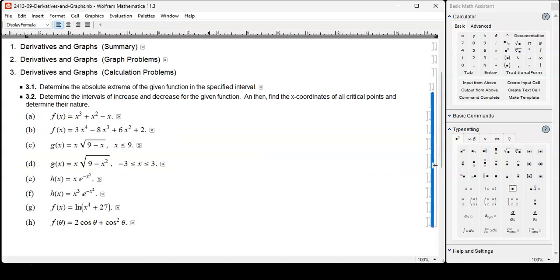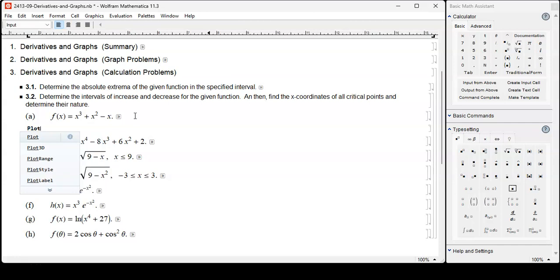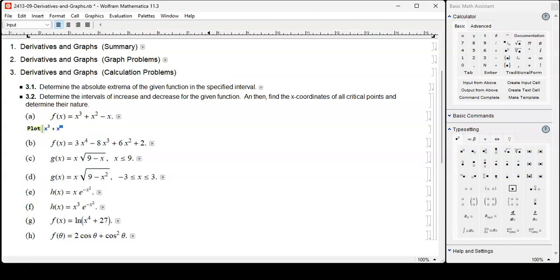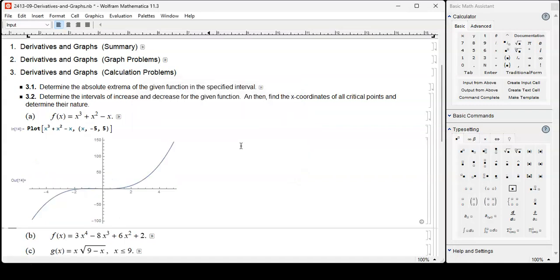Okay, let's go ahead. How about the first problem? Okay, alright, let's see the graph. I just plotted negative 5 to positive 5, but, well, you can adjust.